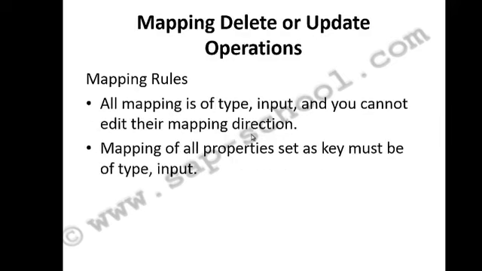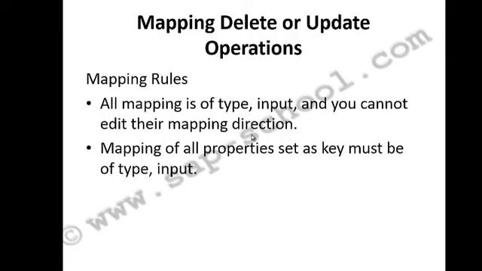After that we have mapping the delete or the update operation. When mapping the update or the delete operation to a BOR object method or an RFC as the data source, the view enables only the data source parameters of type input for mapping. All other parameters of type changing or output are displayed, but we cannot select them.